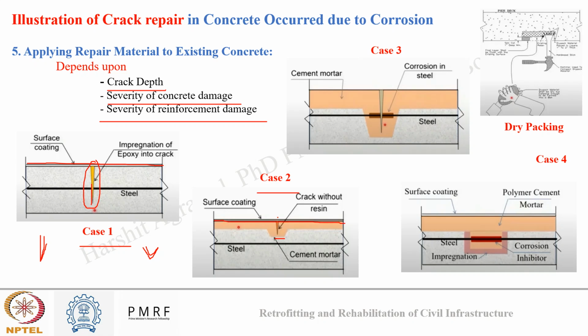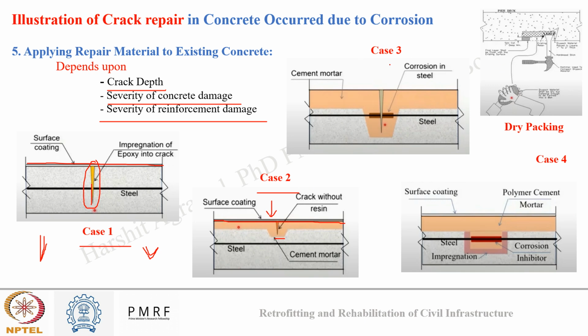So here we are not filling the crack with a resin or something. We are just chipping off the concrete, placing new concrete over it, and then surface coating the concrete, so that if my deterioration conditions are severe, it won't affect my new concrete soon enough again.